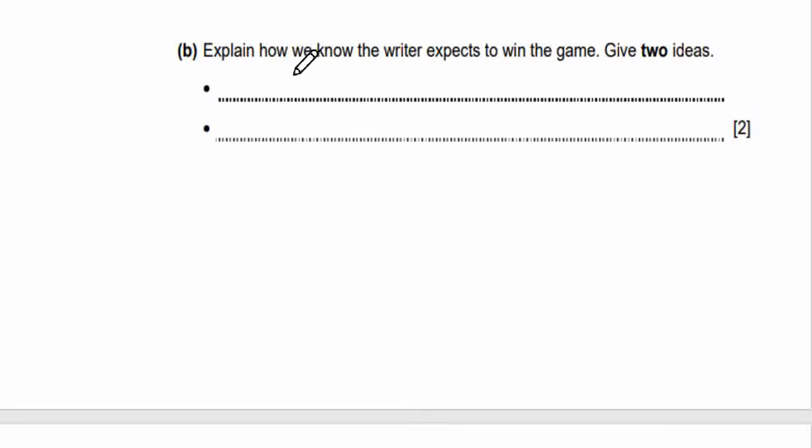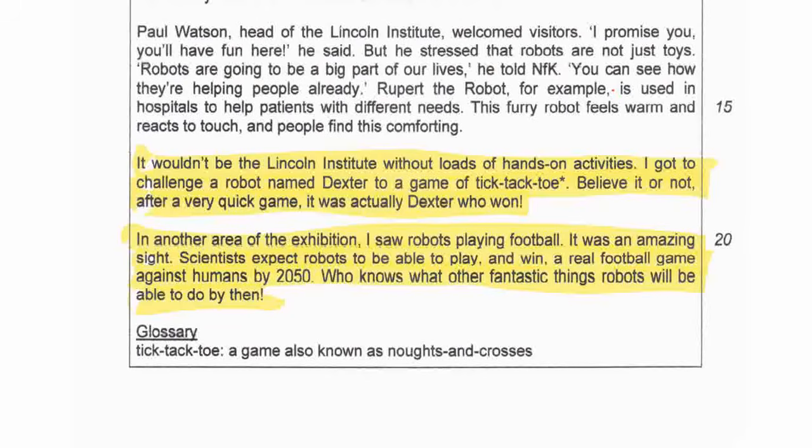Next, let's move to question 5b. Explain how we know the writer expects to win the game. Give 2 ideas. Well, the 2 ideas will be from here: "believe it or not." So this phrase shows that he thought it was surprising he lost.